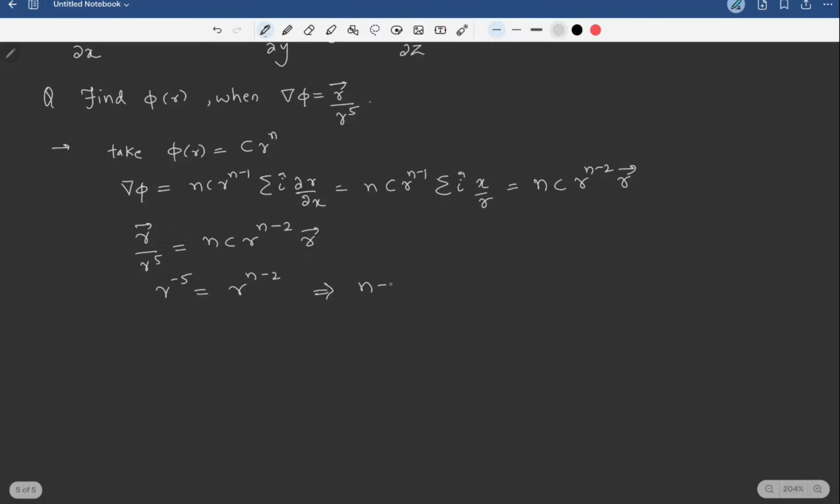We get n minus 2 is equal to minus 5. It implies that n is equal to minus 3. So we get psi is equal to c by r cube.